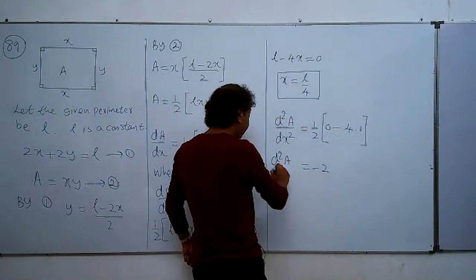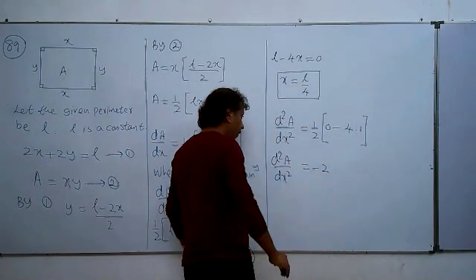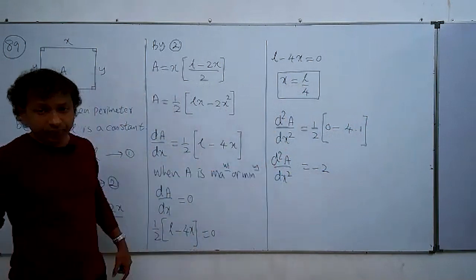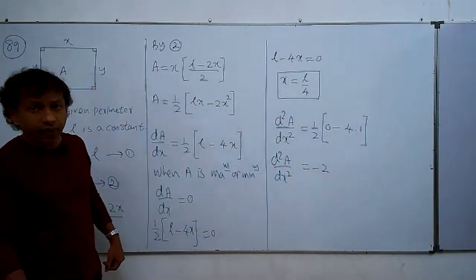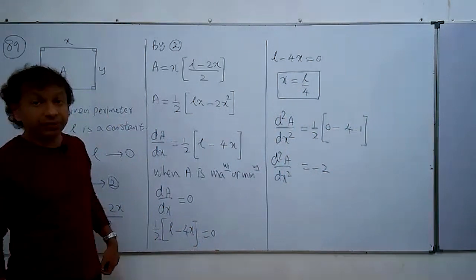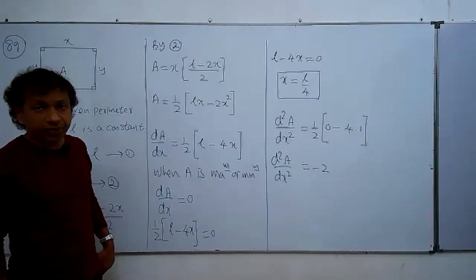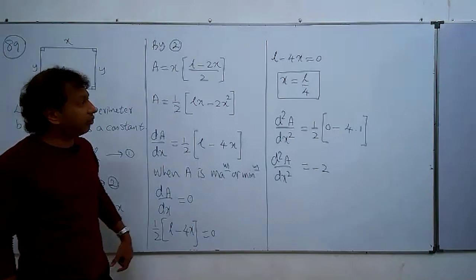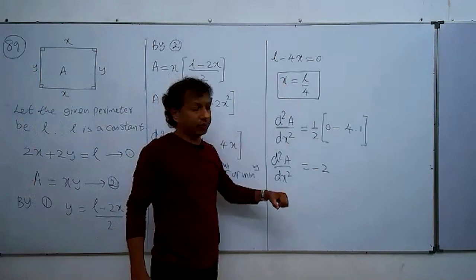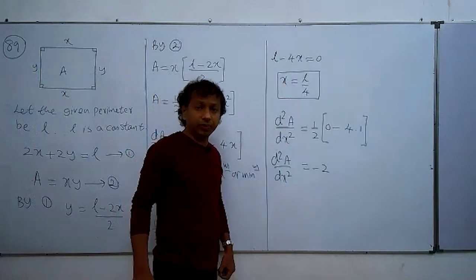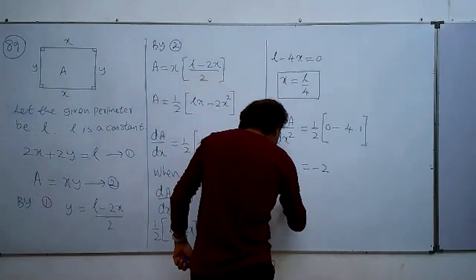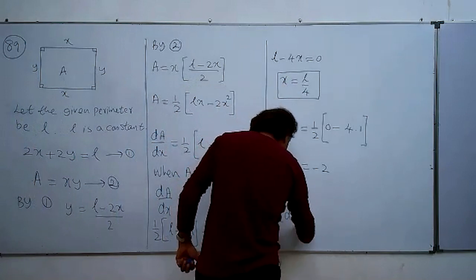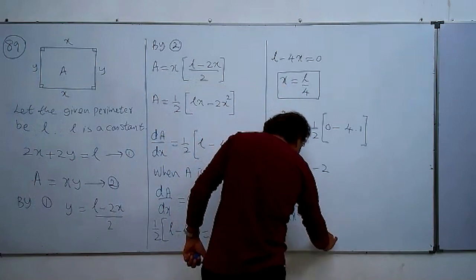The second derivative, its right hand side has no x. It says for any value of x, the second derivative is negative. Then even at this x equals L by 4, the second derivative is, people, negative. So therefore we can say d2A upon dx2 at x equals L by 4 is negative.